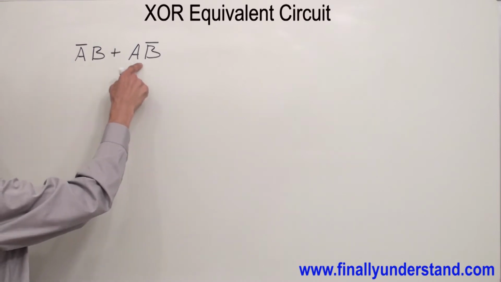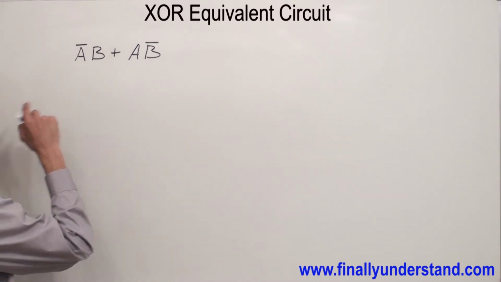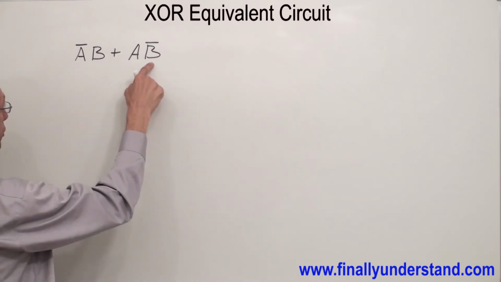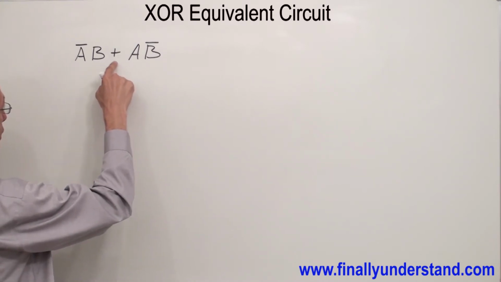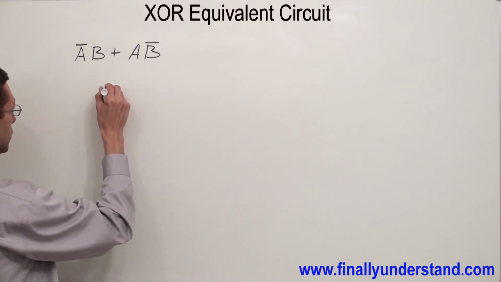What I'm going to do first is implement this expression. We have nothing else, just 2 AND gates, 1 OR gate and 2 inverters. So let's take a look at what I'm going to do.